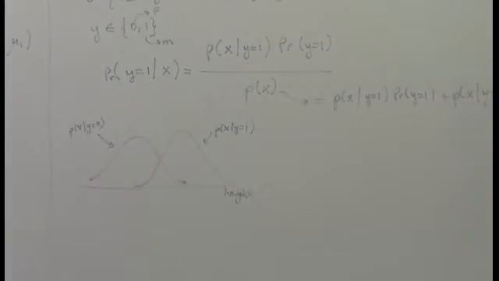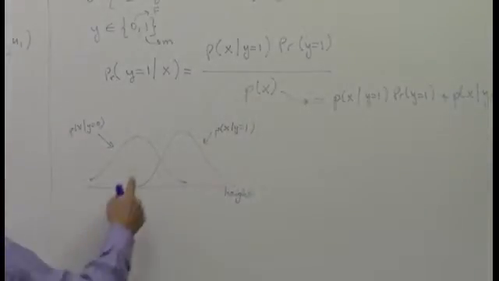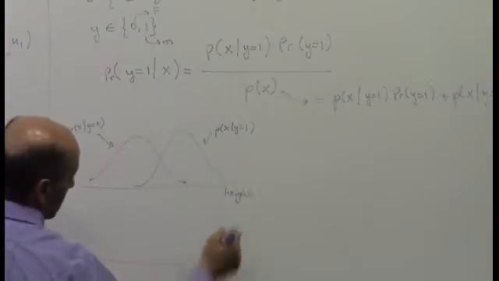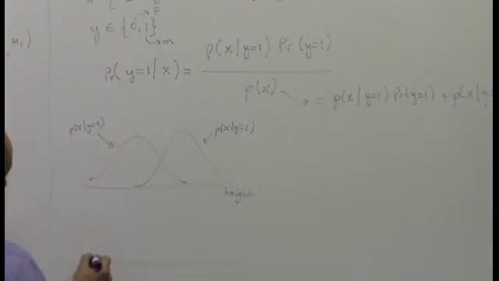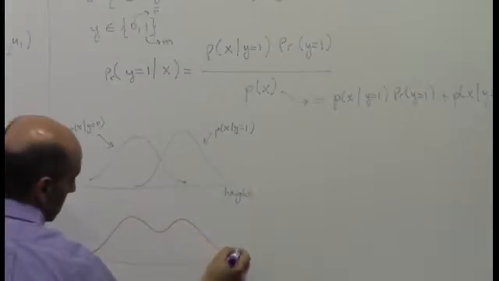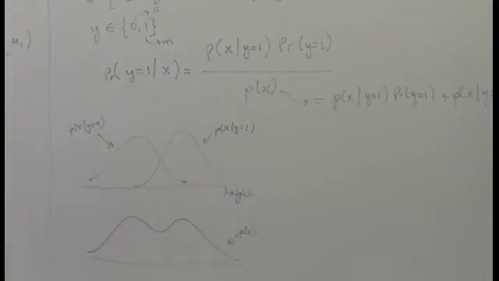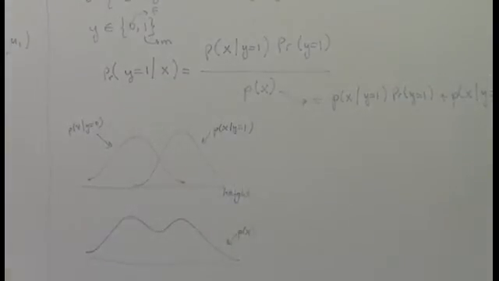Then I divide it by this quantity here, which is the probability of x. Well, this is just the sum of these two things times the prior probability. So the p of x is going to look something like this. This is the sum of those two multiplied by the prior probabilities.